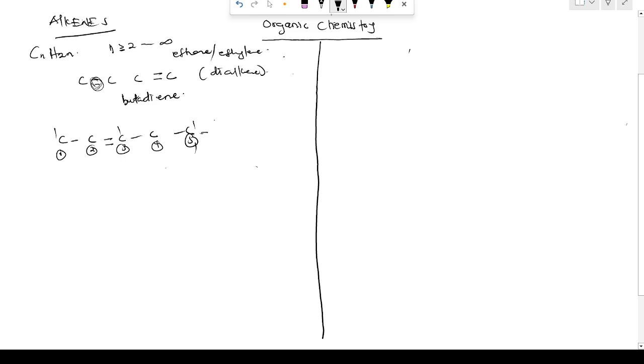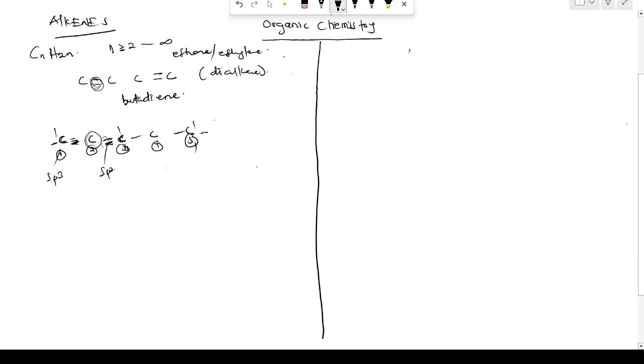Starting from carbon 1, when you look at the carbon atom, it's surrounded by single bonds only, so it becomes sp3 hybridized. Then look at carbon 2. It has a double bond here and a single bond here. Because of the double bond, it becomes sp2 hybridized.